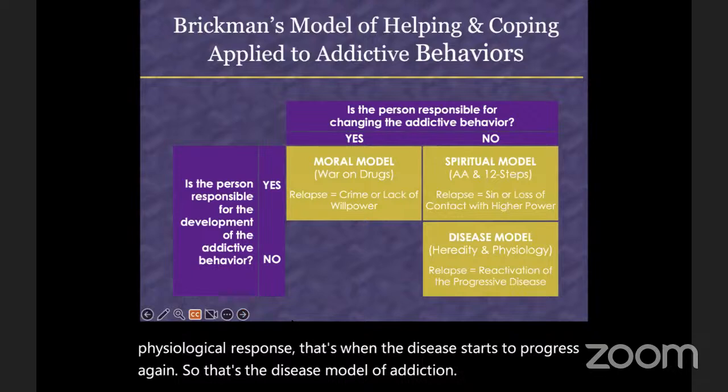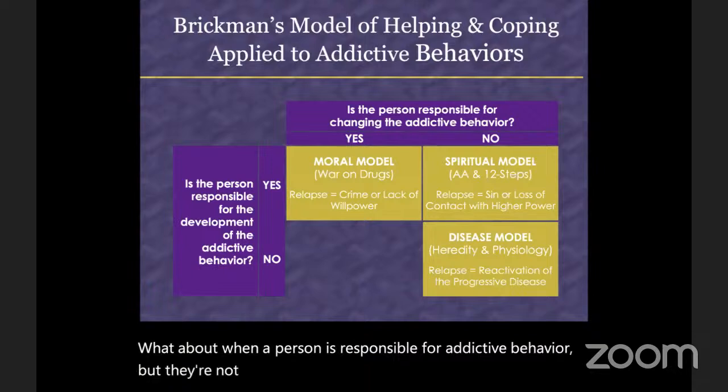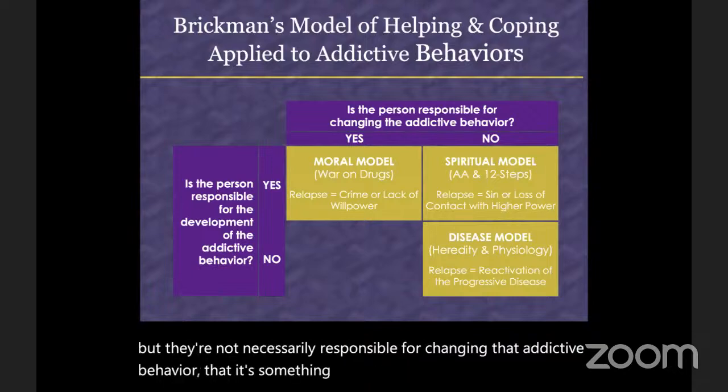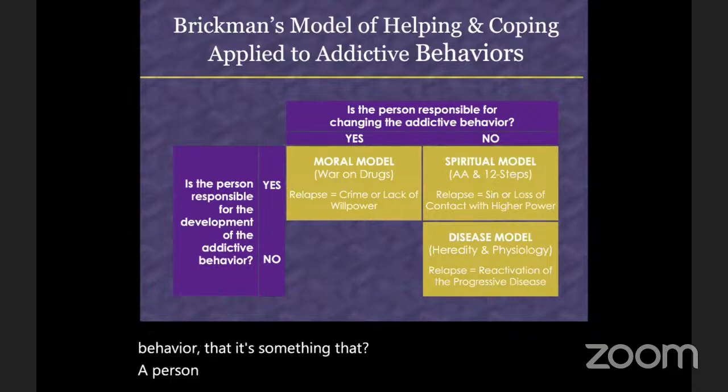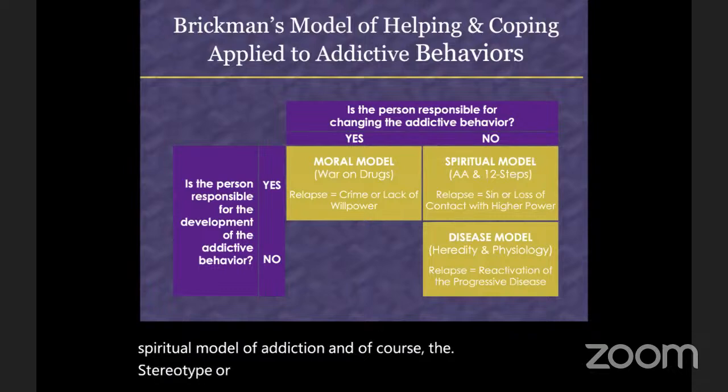What about when a person is responsible for the addictive behavior, but they're not necessarily responsible for changing it, that it's something a person needs to regain in themselves? This is what we call the spiritual model of addiction. And of course, the stereotype or representation is things like AA and 12 steps.